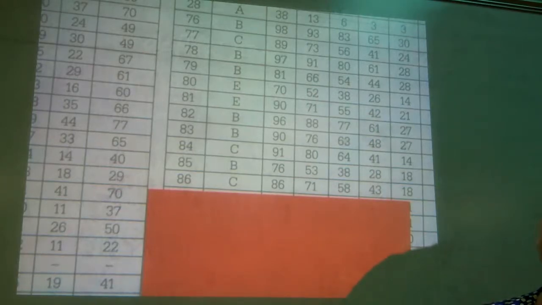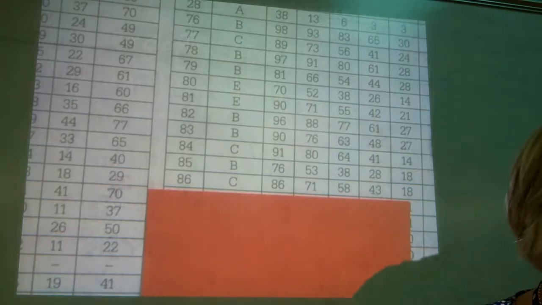And 86 should be C. 55% of people got that one right.